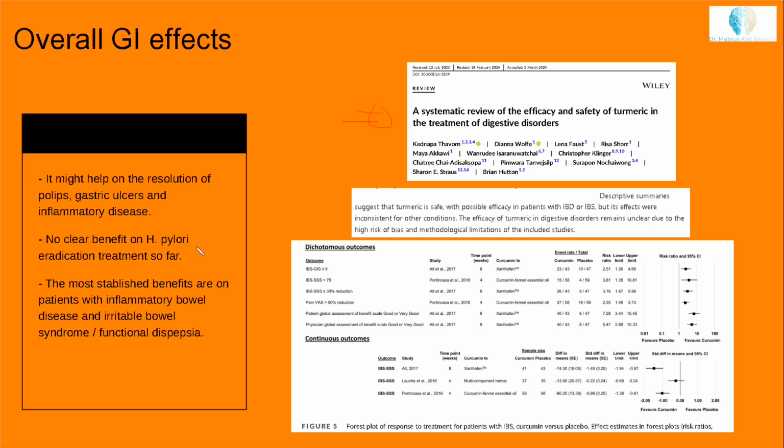It might benefit on other aspects, but the rate of success in H. pylori eradication is not higher with the use of curcumin, based on the evidence we have so far. The most established benefits on curcumin supplementation for digestive disorders is in patients with inflammatory bowel disease and irritable bowel syndrome or functional dyspepsia.